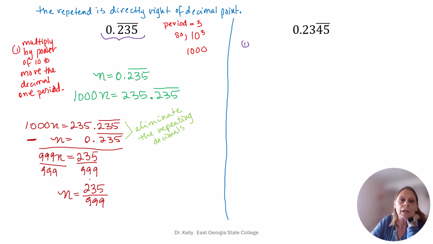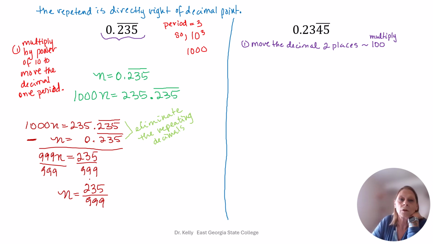So the first thing we have to do is move the decimal, and we want to move the decimal 2 places. So that means we're going to multiply by 100. That's the first thing we're going to do.